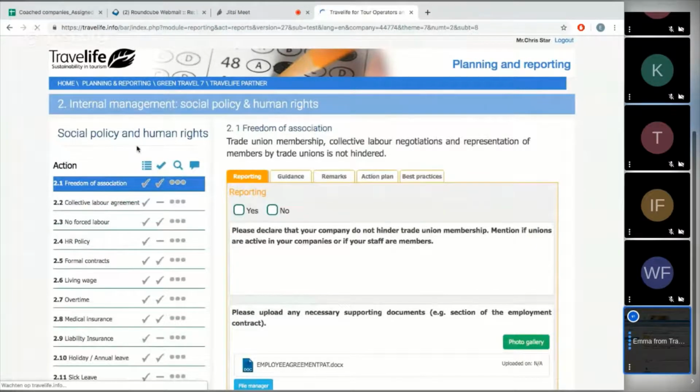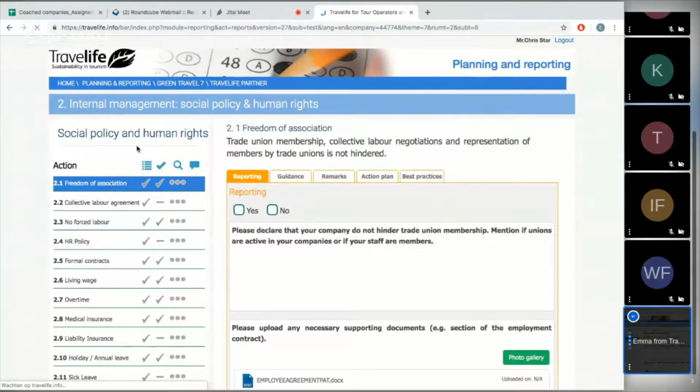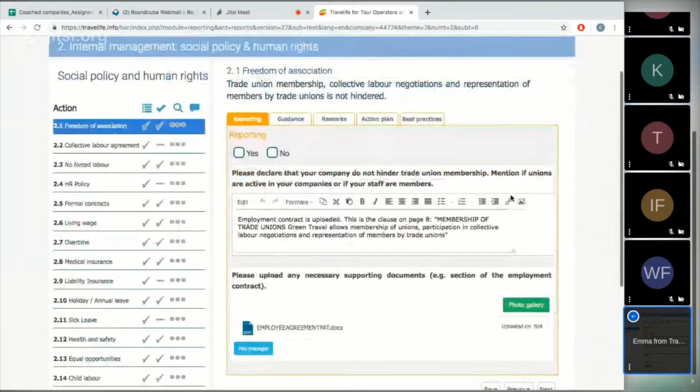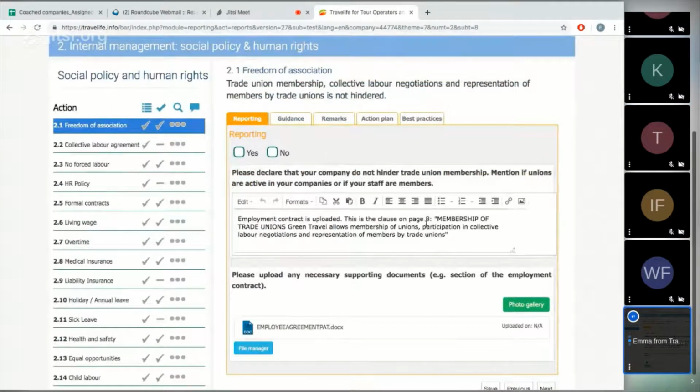So first of all, the first criterion is about freedom of association. So whether trade union membership, collective labor negotiations, and representations of members by trade union is not hindered. So whether your employees can enter such a trade union membership.